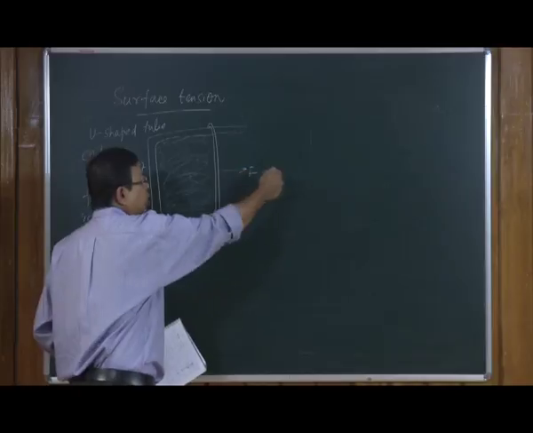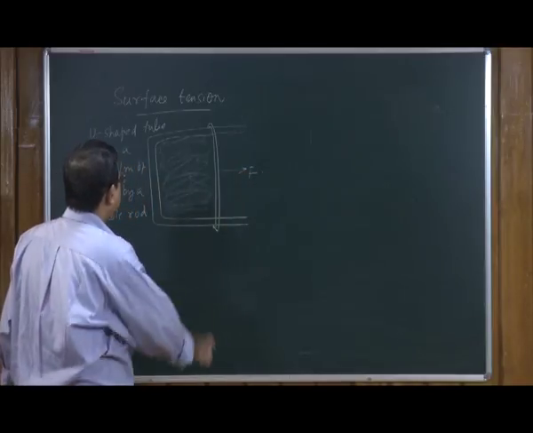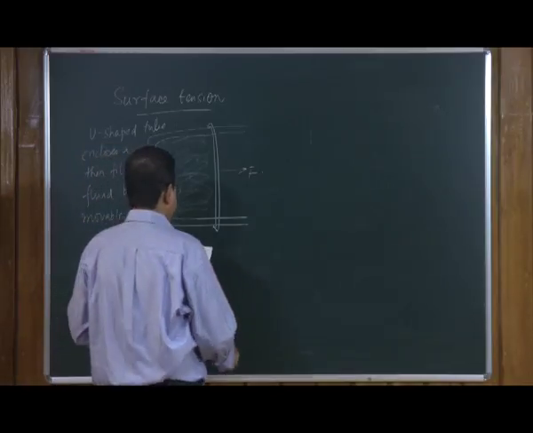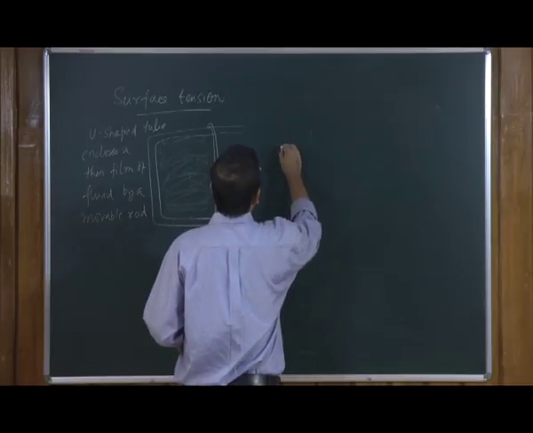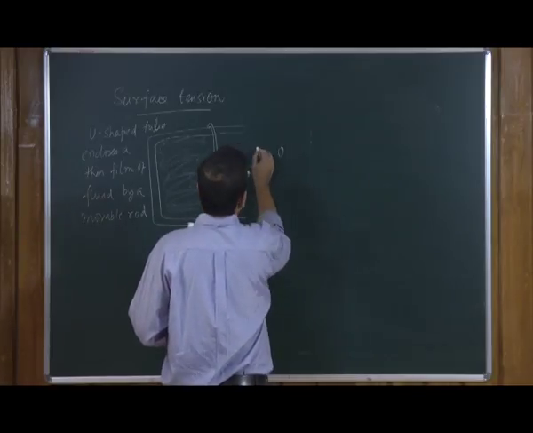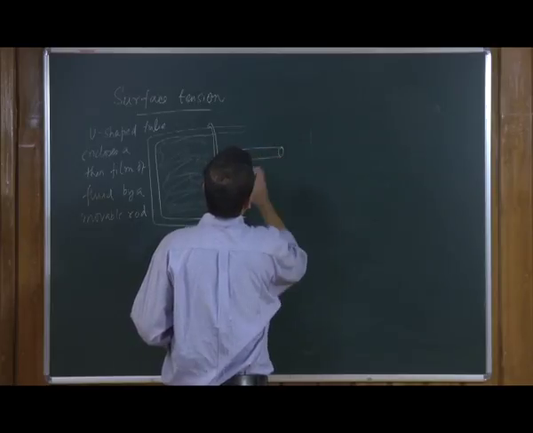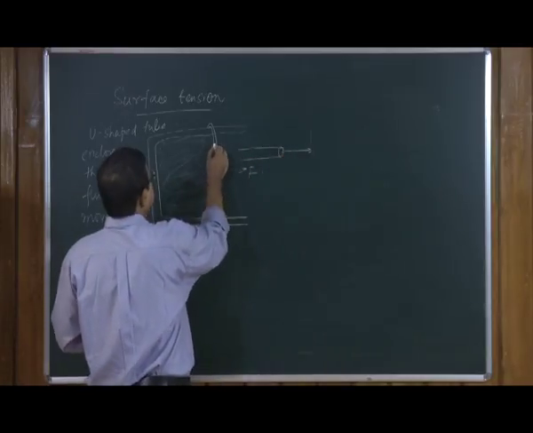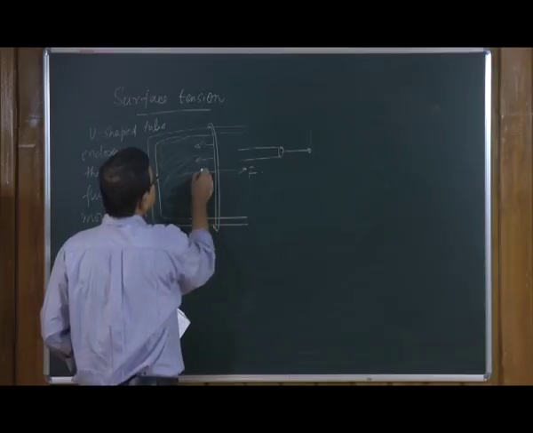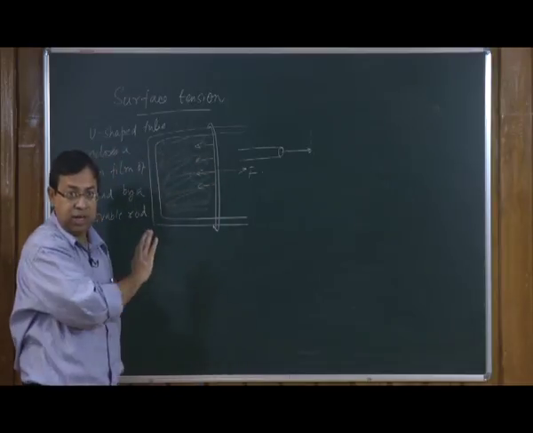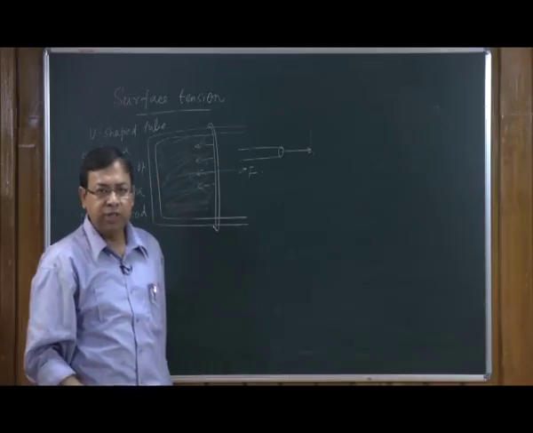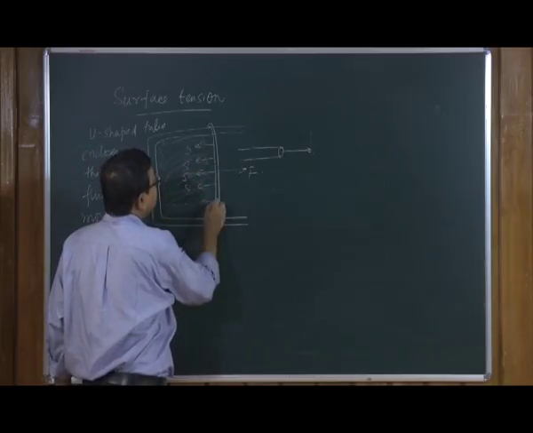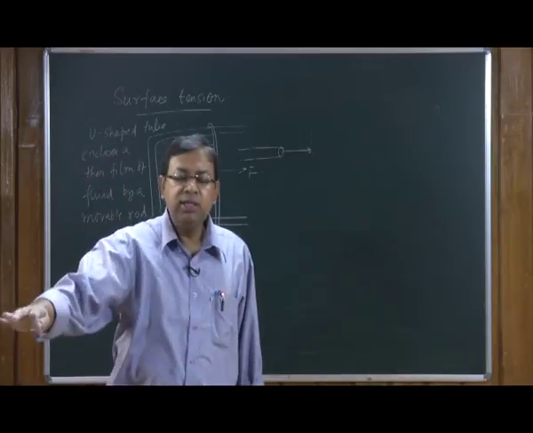As we pull this movable rod, the surface area of this liquid film increases, and let us take a small element of fluid, let us say a cylindrical element of fluid. There is a surface tension acting on the surface. This is a thin film, it is not a volume of fluid that we are considering, it is just a surface, and the surface tension is acting at all points parallel to the surface.